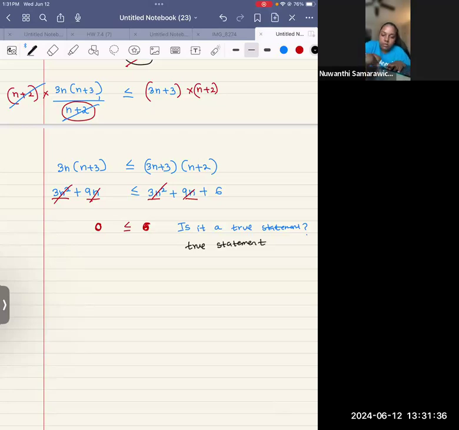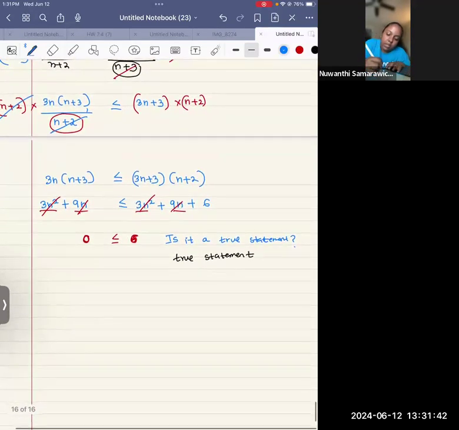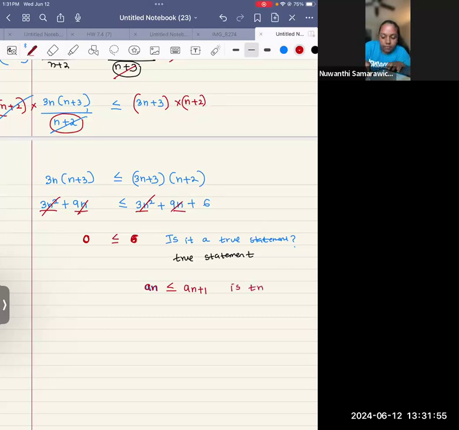So since it is a true statement, we can say the first inequality, a sub n is less than or equal to a sub n plus 1, is true. So we can say, because we showed this, therefore the sequence is increasing.